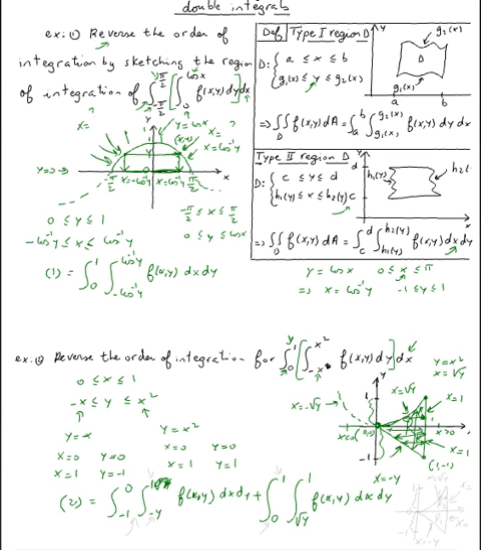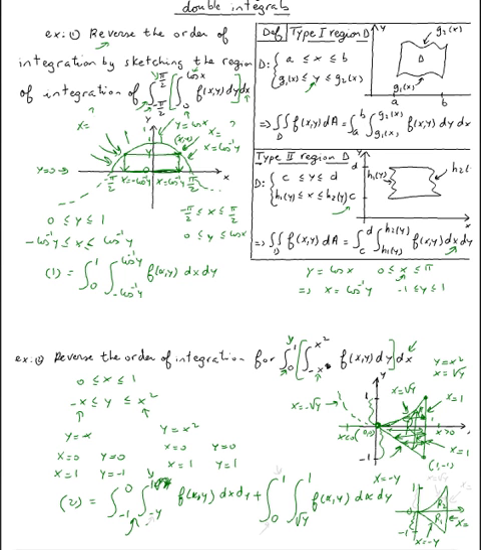Yep. Let me just do it here very quick just to show you the region. This is what I meant with R1. This is what I meant with R2. This is negative 1, 0, 1. For this integral, we went from negative 1 to 0, and then x went from x equal negative y to x equal 1.